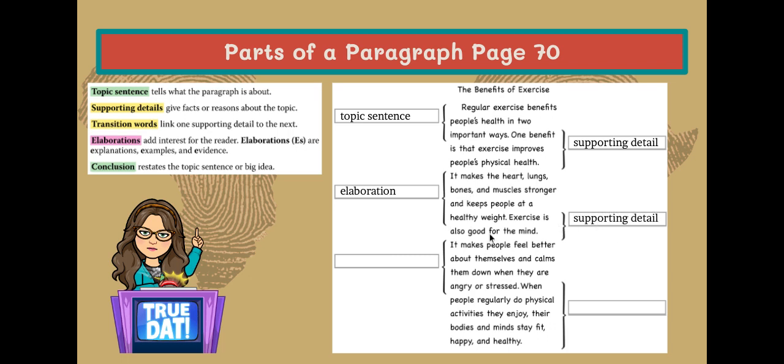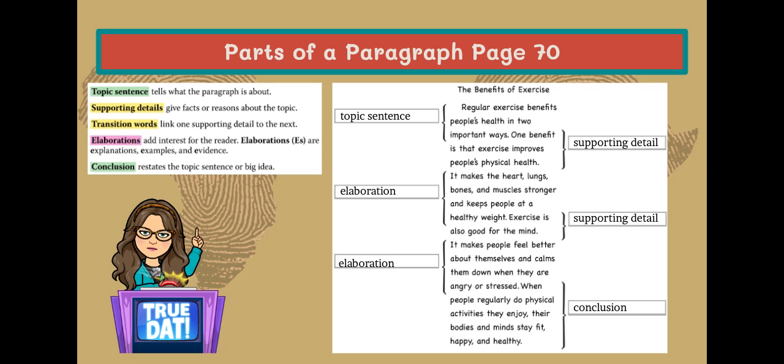Here is another supporting detail. Exercise is also good for the mind. Here is an elaboration for exercise is also good for the mind. It makes people feel better about themselves and calms them down when they are angry or stressed. And then we have our conclusion. When people regularly do physical activities they enjoy, their bodies and minds stay fit, happy, and healthy.